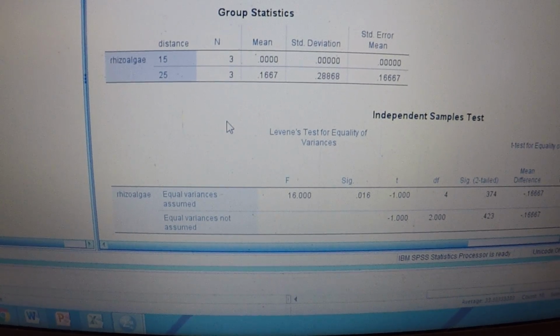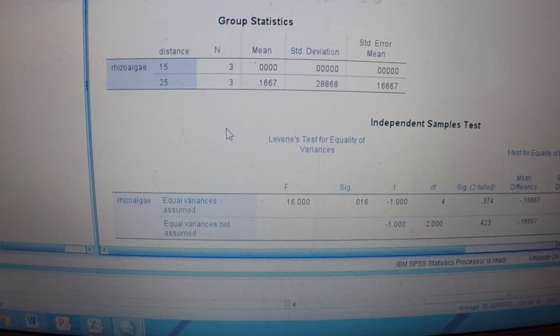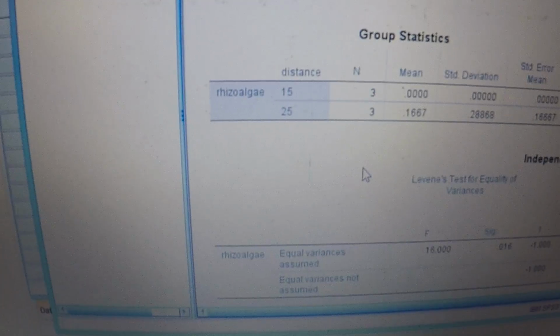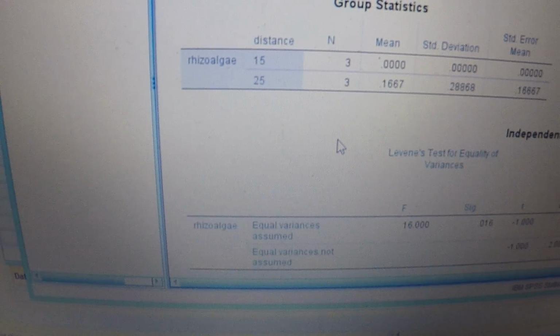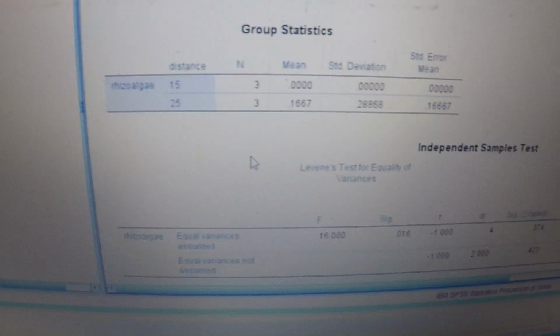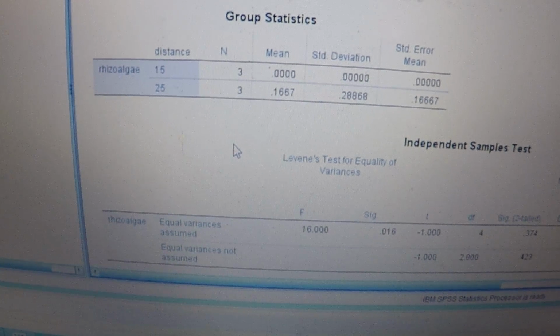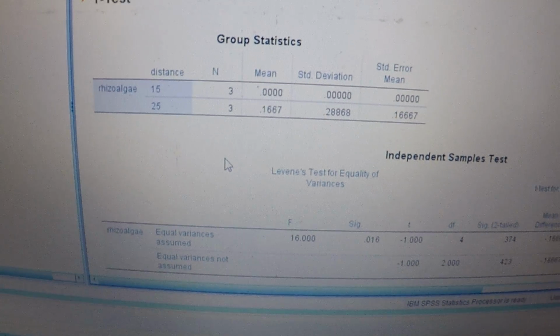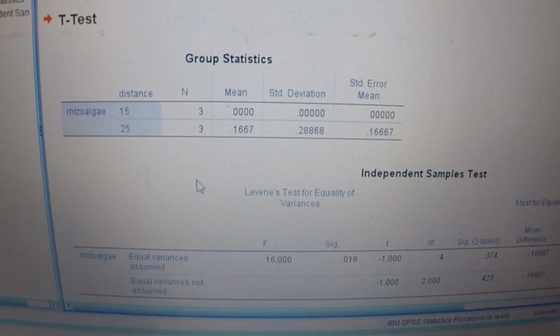So if you look at the independent samples test, and if you look at the first column, it says rhizoalgae, and then it says equal variance is assumed, and then equal variance is not assumed. And then we go ahead and we look at the next column, and it says F. Right, that is the test statistic for this Levene's test for equality of variances, which you see above.